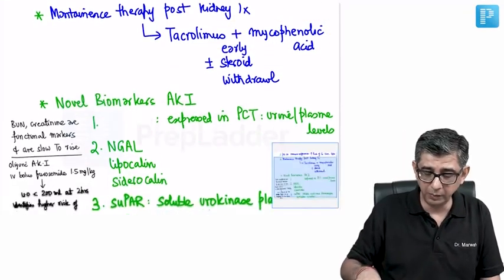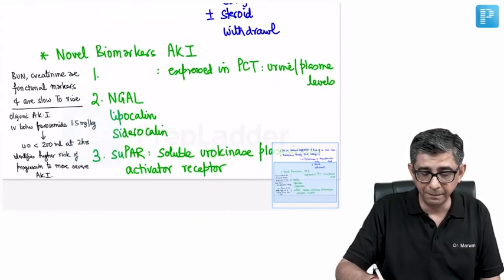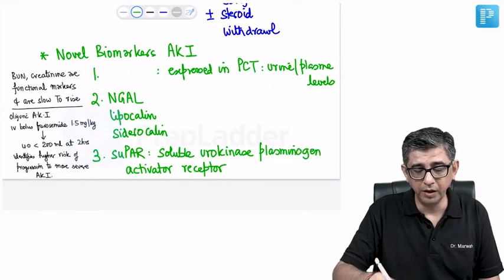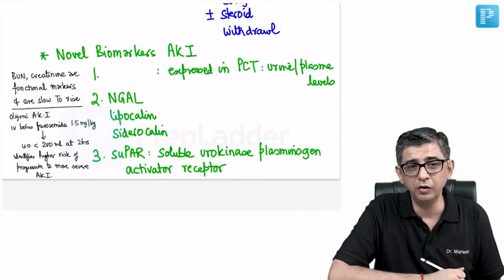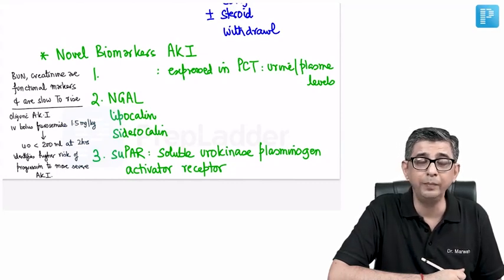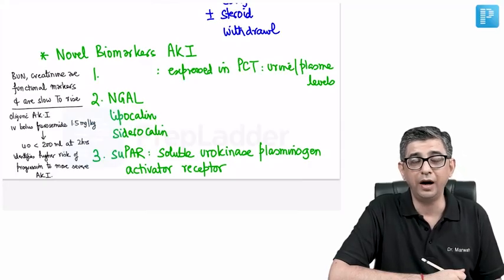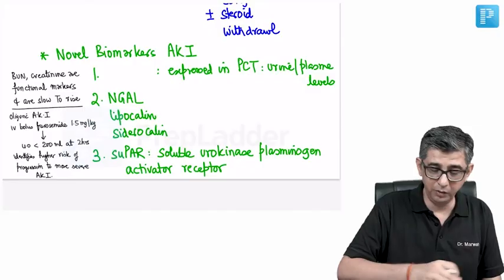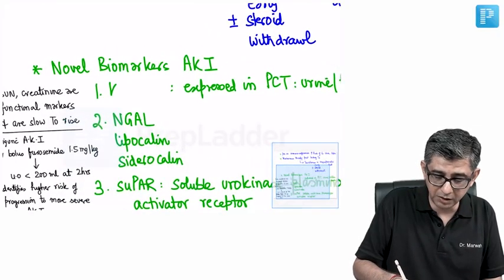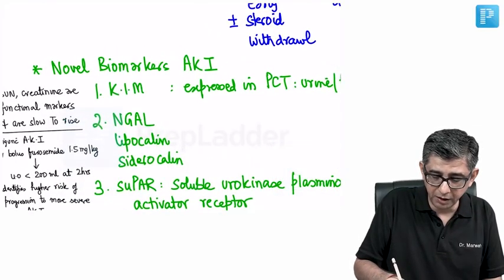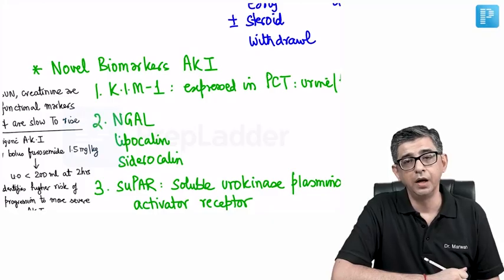Now in contrast, whenever a patient goes into acute kidney injury, then with acute kidney injury, serum creatinine is one of the tests. Definitely it's the functional marker, but creatinine takes time to rise. So do we have some biomarkers available that can identify renal damage early within hours? Then one that is important and should be remembered is called KIM1, that is kidney injury molecule 1.